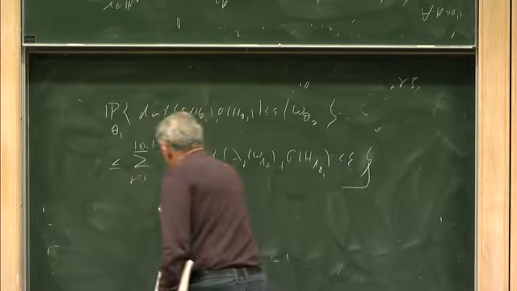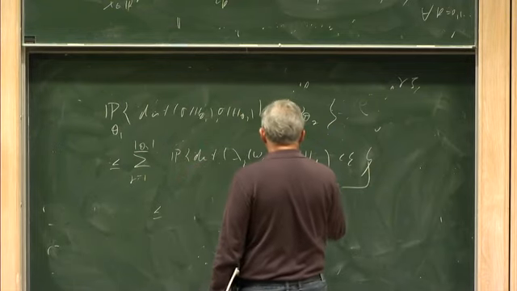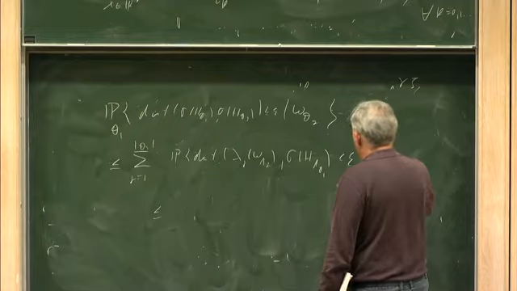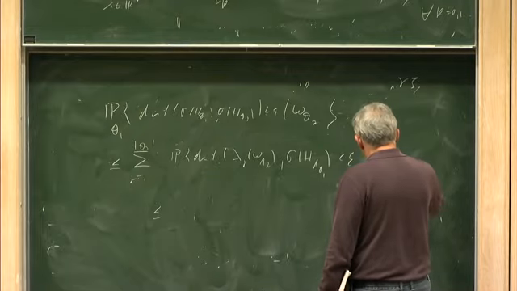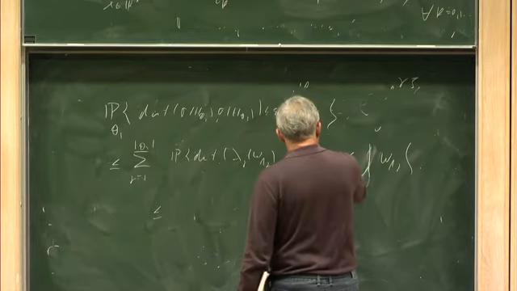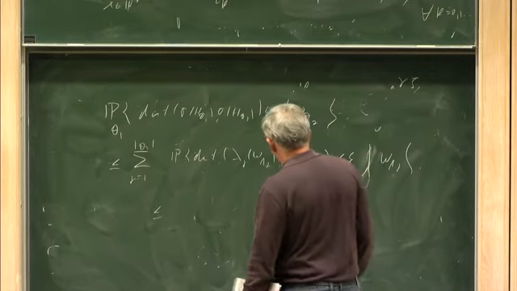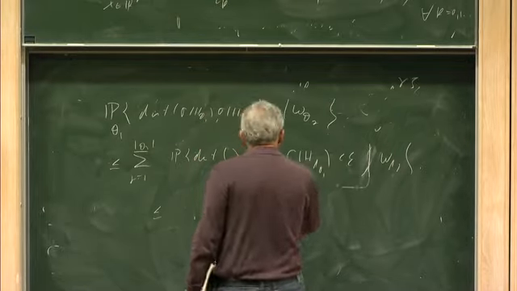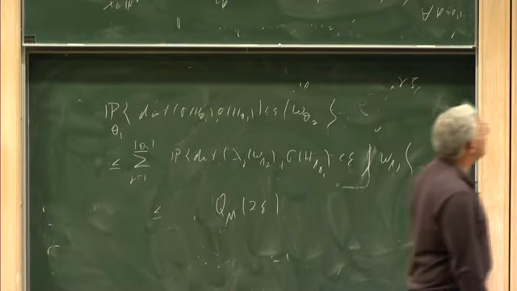But these I can estimate by Wagner, and actually I should probably still say here, given this, but this I can estimate by Wagner independent of that, and this gives me K mu of 2 epsilon. Did I have the 2 epsilons the way I wrote it? Yeah.